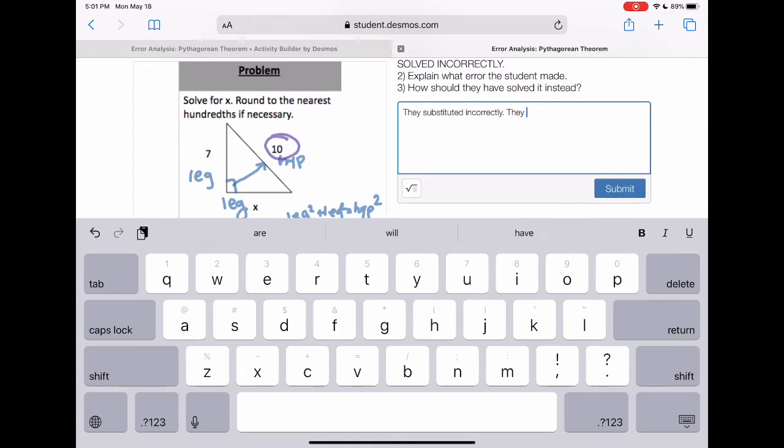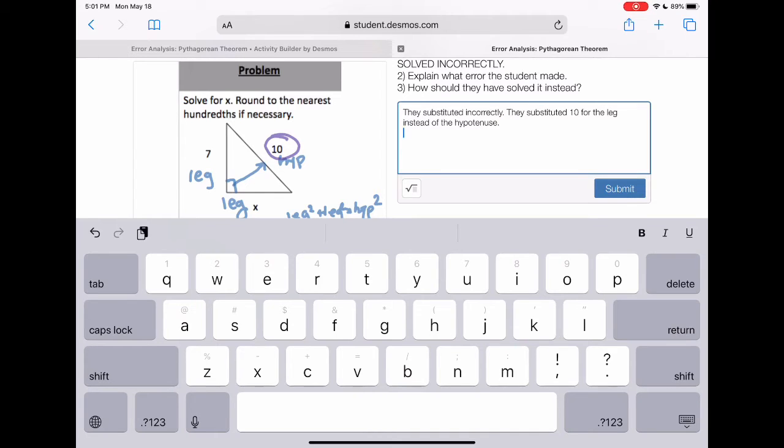They substituted 10 for the leg instead of the hypotenuse. So that answers part 2, but part 3 says how should they have solved it instead?